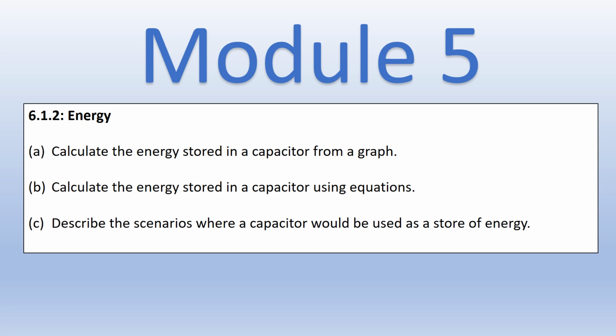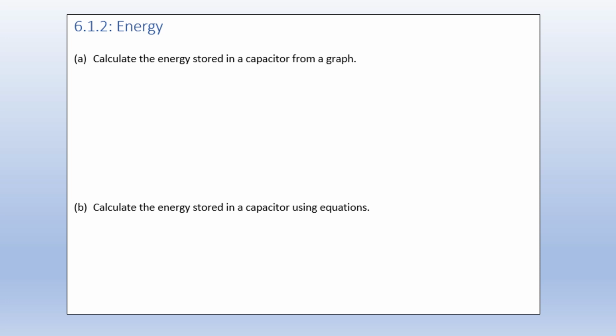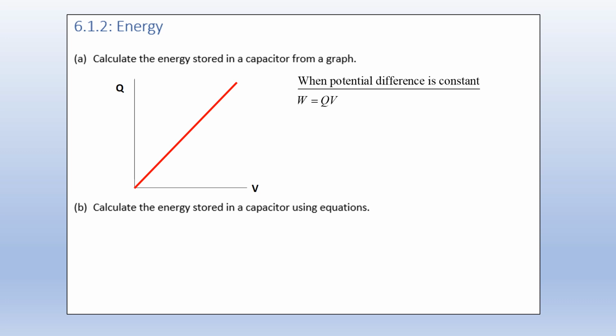We'll now take a look at them in terms of their energy. All right, so let's first look at energy stored from a graph. The graph that we need is the Q versus V graph. With previous circuitry, you would probably have used the equation work done is equal to QV, or the number of charges times the potential difference, which is great if the potential difference is constant, but what you're actually doing there is finding the area under a Q versus V graph, where V happens to be a constant.